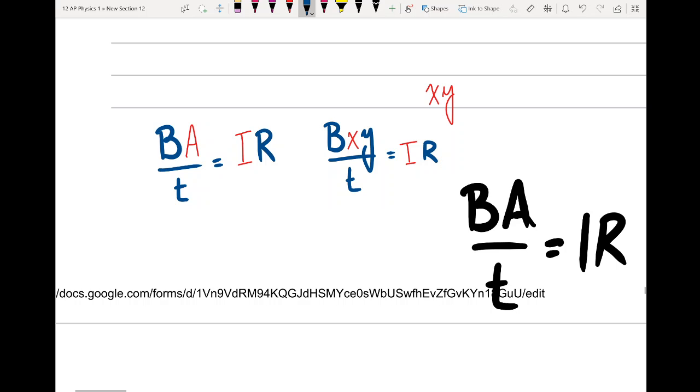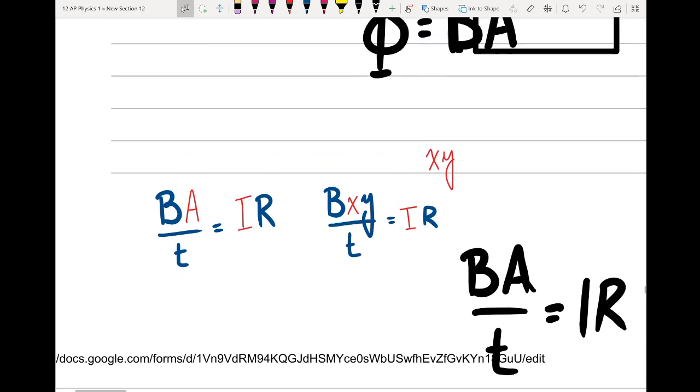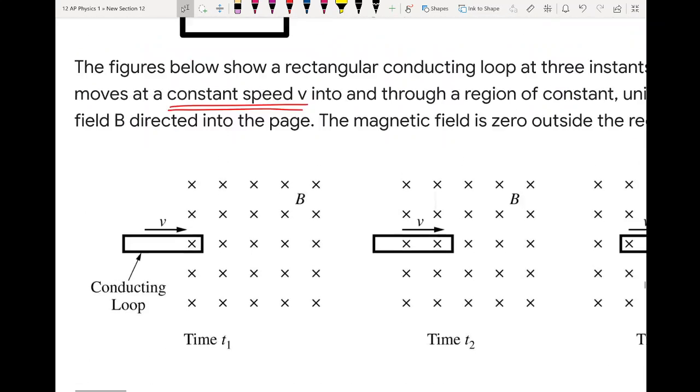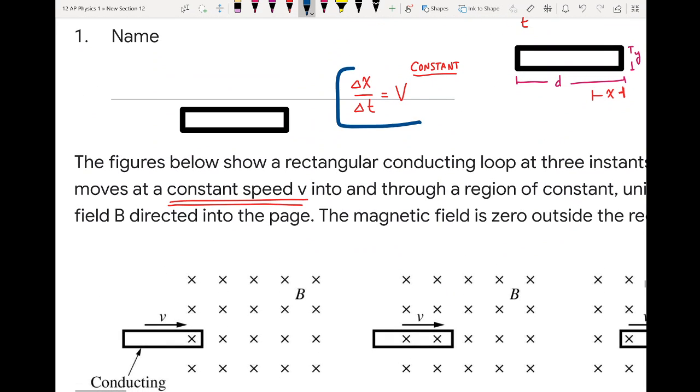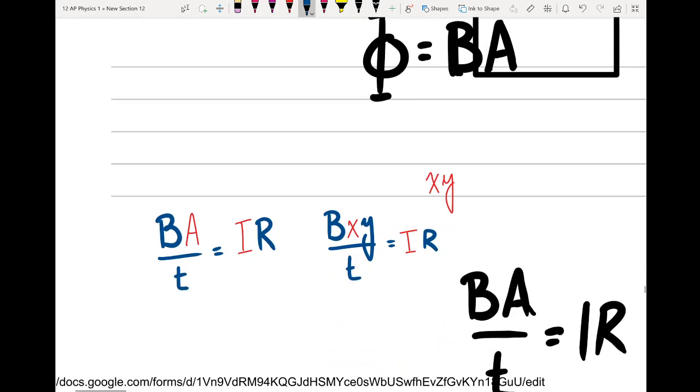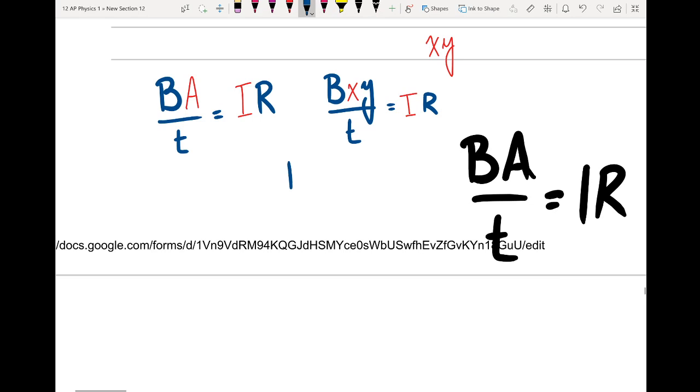So then if we look at this, we said our change in x over time is just going to be our velocity. The amount of horizontal distance that we're changing over time, that's our velocity. So let's write that: B times V times y equals I times R. Instead of x over t, our change in x over our change in time is just our velocity.